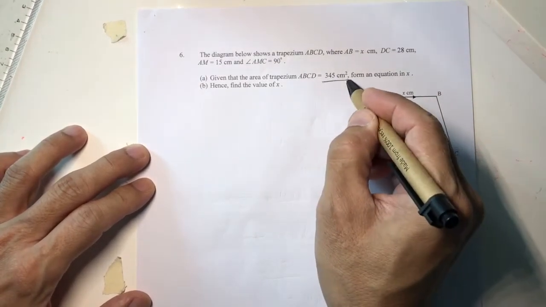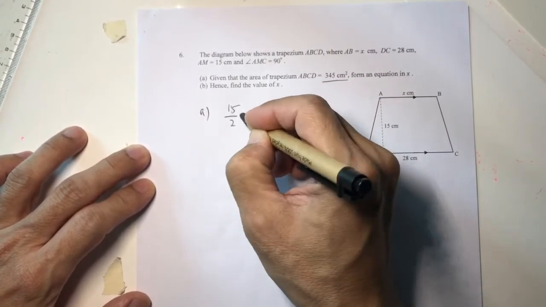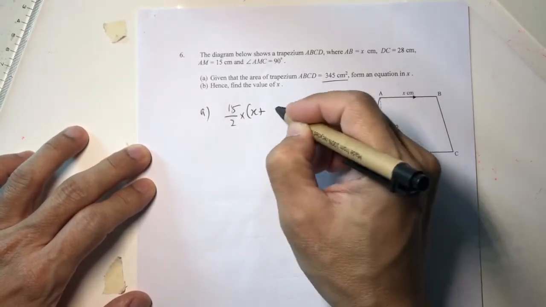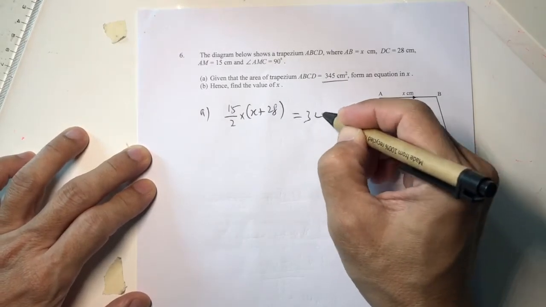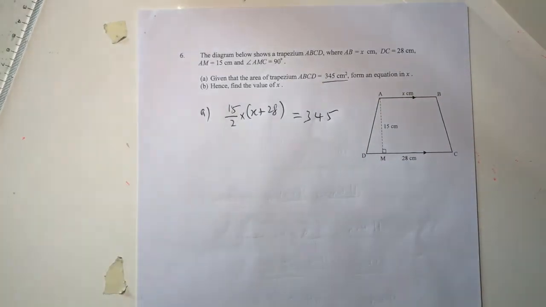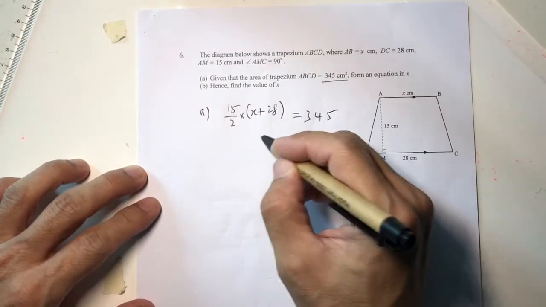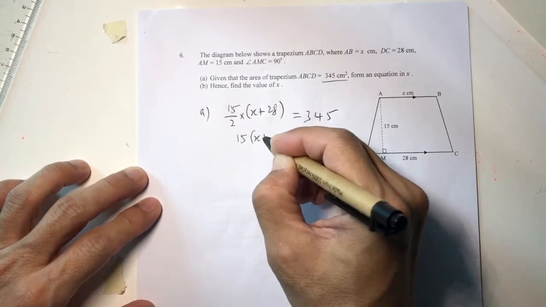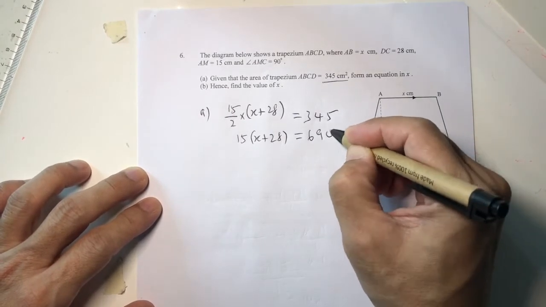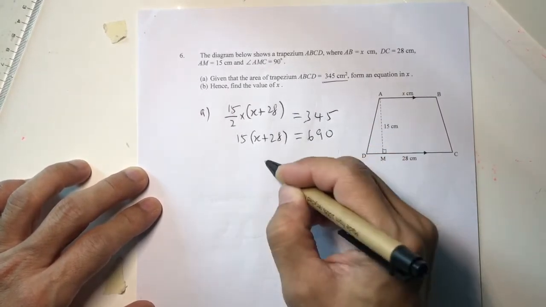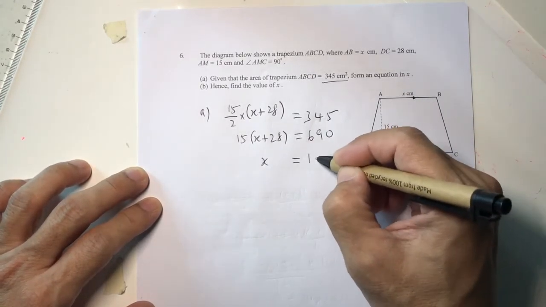And we are given the area, therefore, using the formula, half of the height times x plus 28 gives us 345. So solving this equation, we have 15 times x plus 28 equals 690, and then we can find that x equals 18.